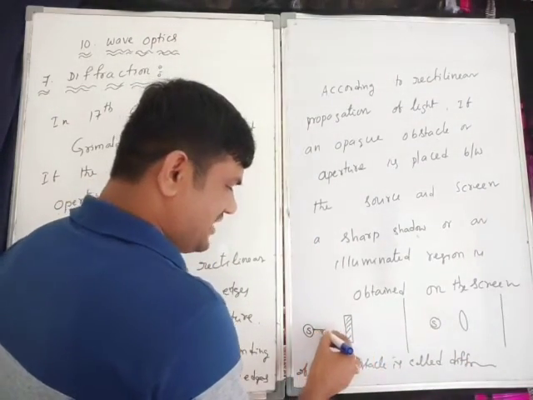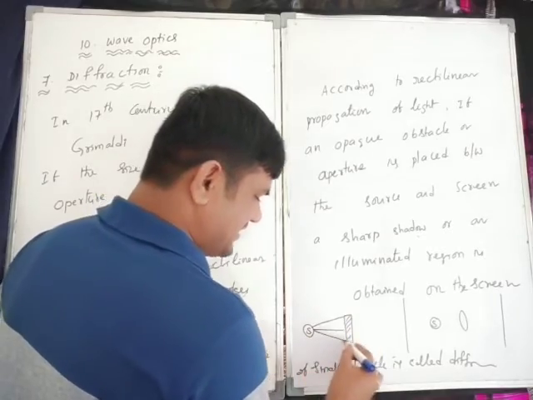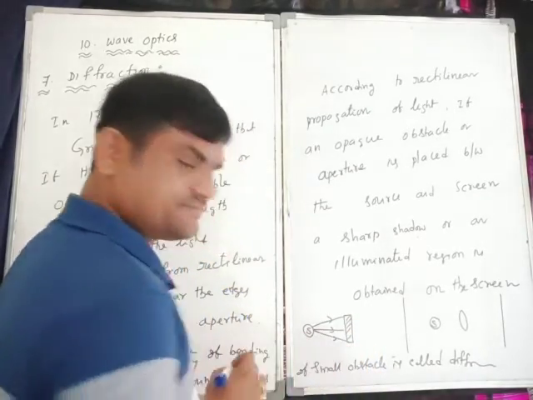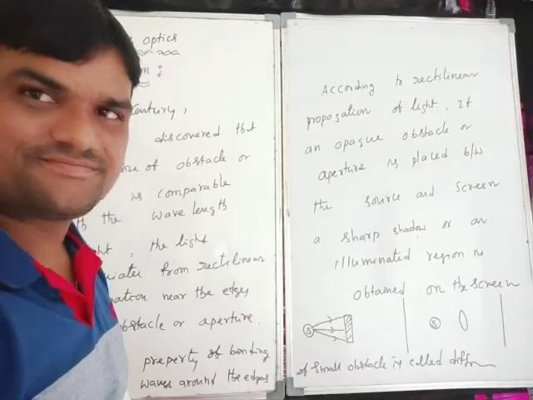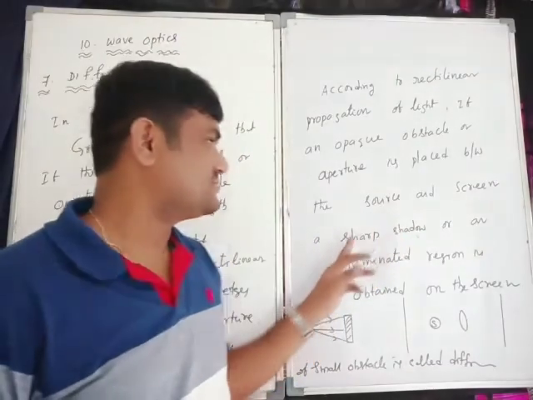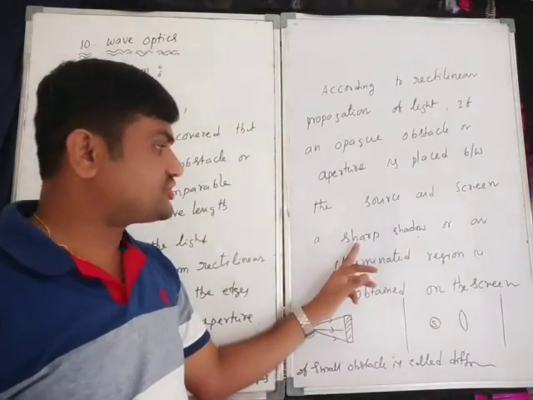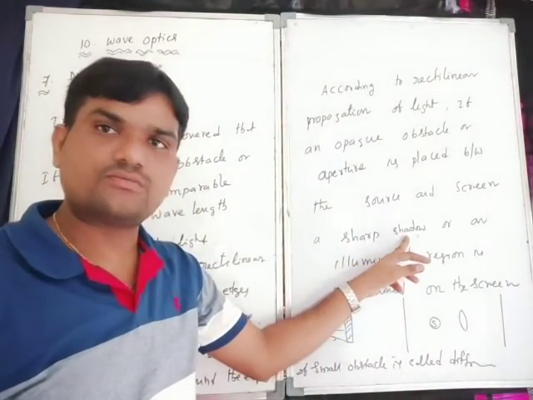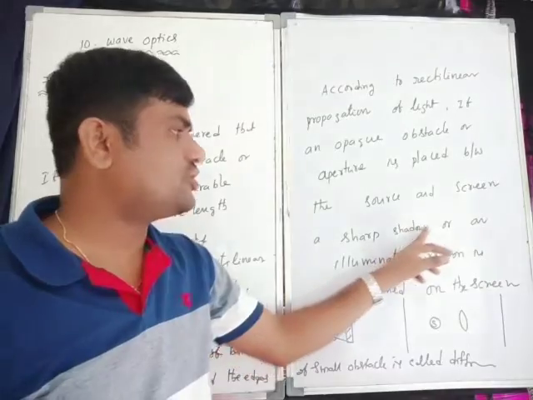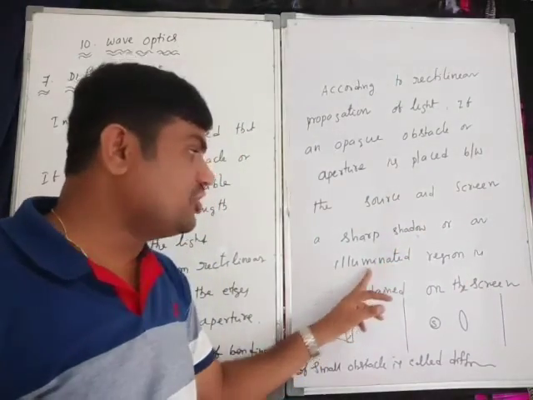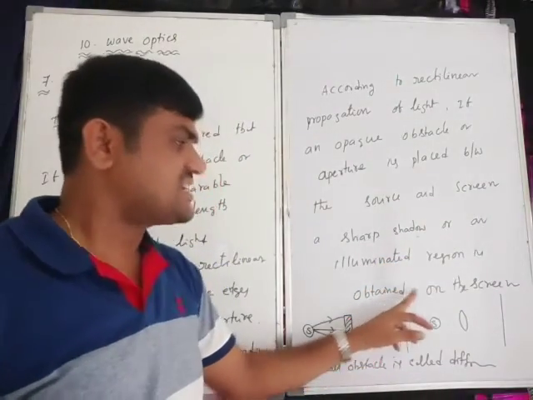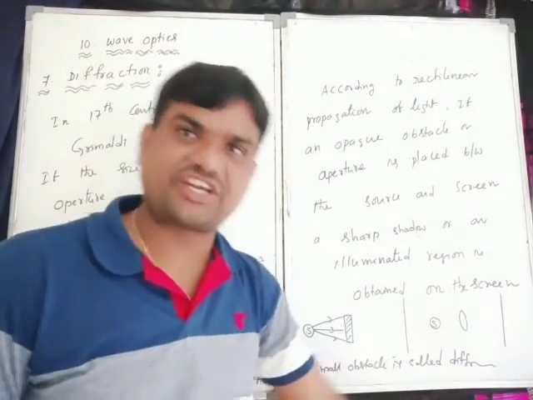So light always travels in a straight line in this direction, but the obstacle will be there. Then a sharp shadow or an illuminated region is obtained on the screen.